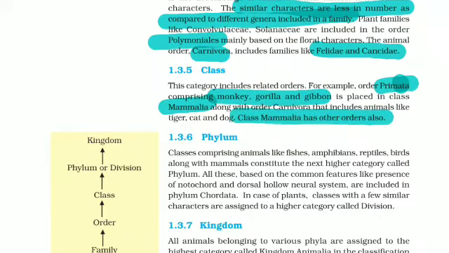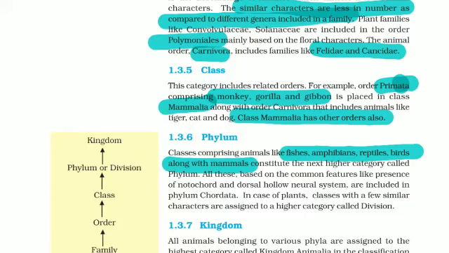Then we'll move on to the next category, that is phylum. Phylum comprises all the classes like fish, amphibians, reptiles, birds, along with mammals. This is the next higher category after the classes. So phylum consists of class Pisces, class Amphibia, class Reptilia, class Aves, and class Mammalia all together.